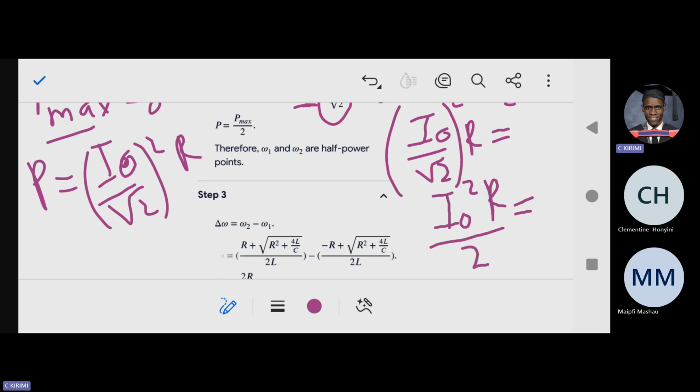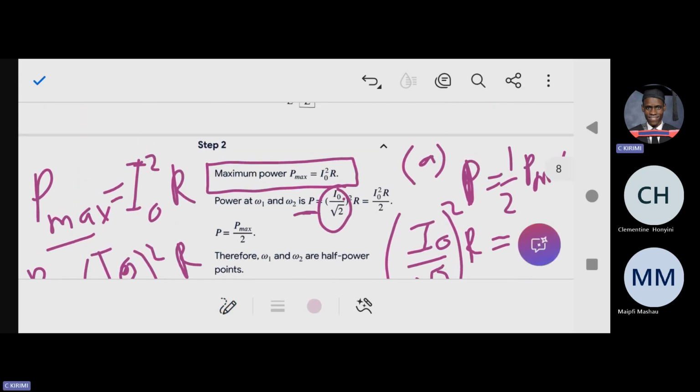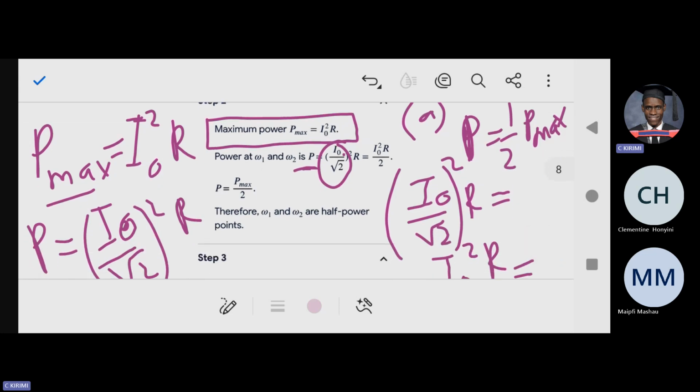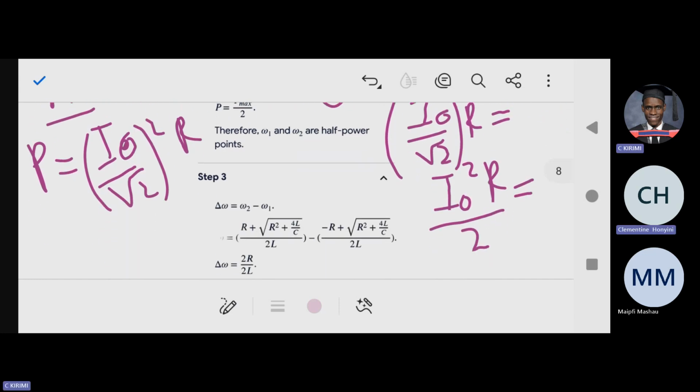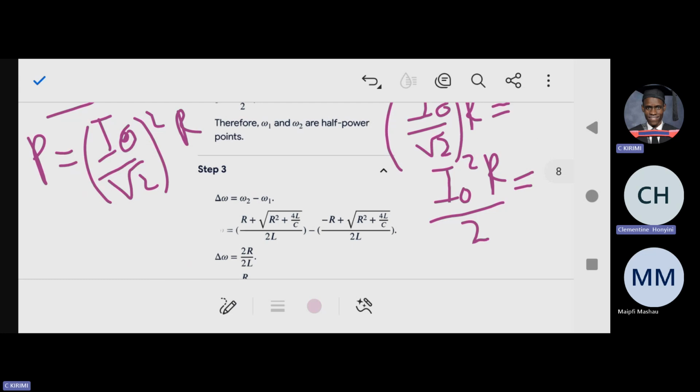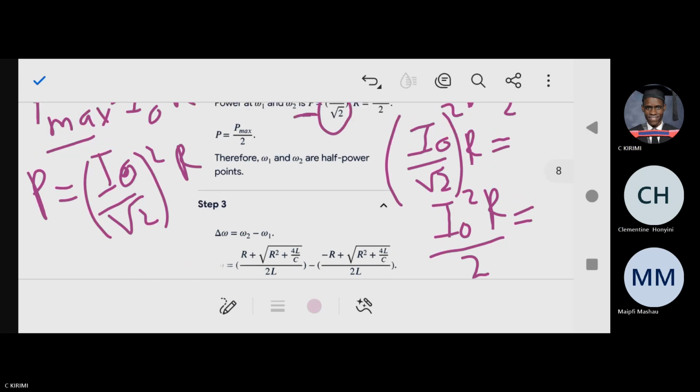Then we come back to our definition. From the definition, you told us that P max is I naught squared R.